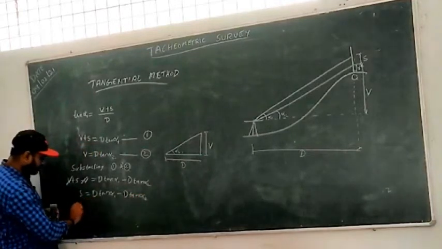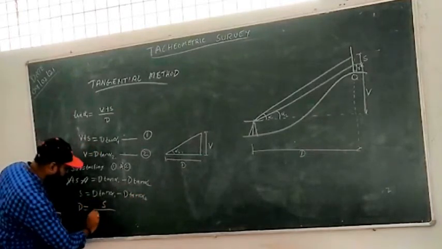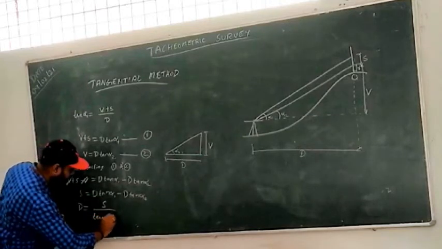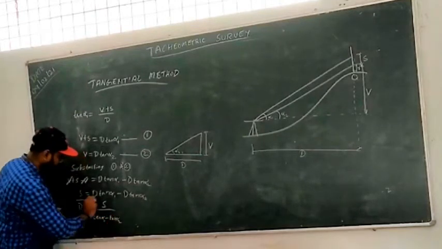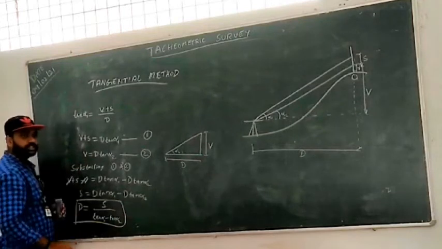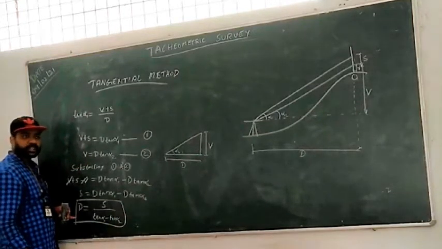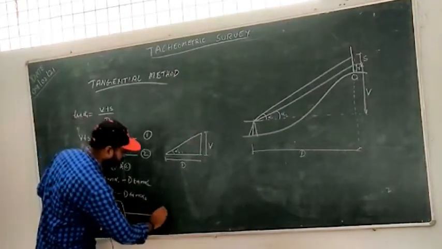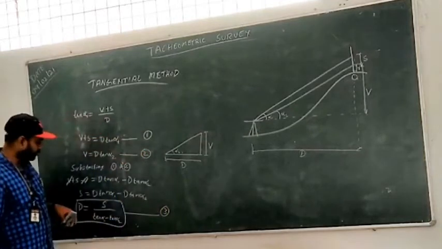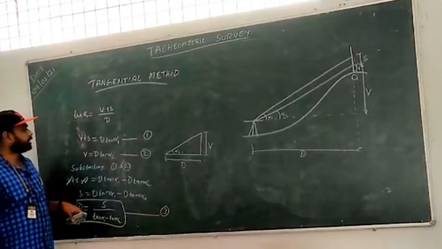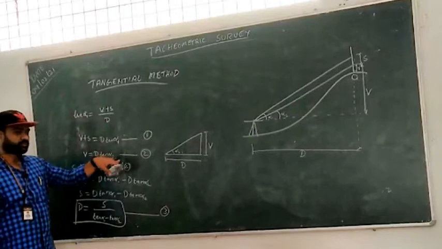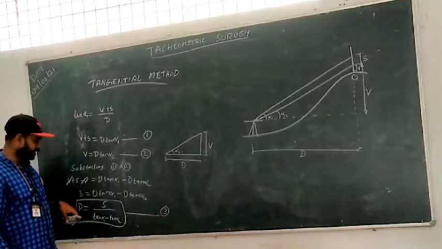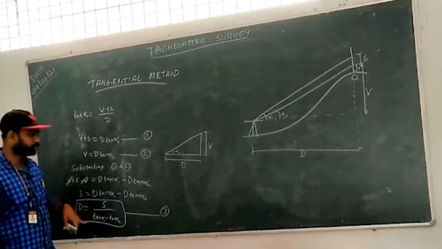So you just get D. D is equal to S divided by tan alpha 1 minus tan alpha 2. This is the equation for D, say equation number 3. Substitute this D value from equation 3 into equation number 2.